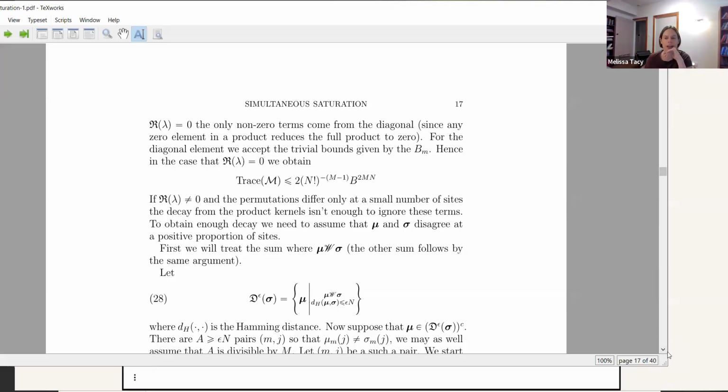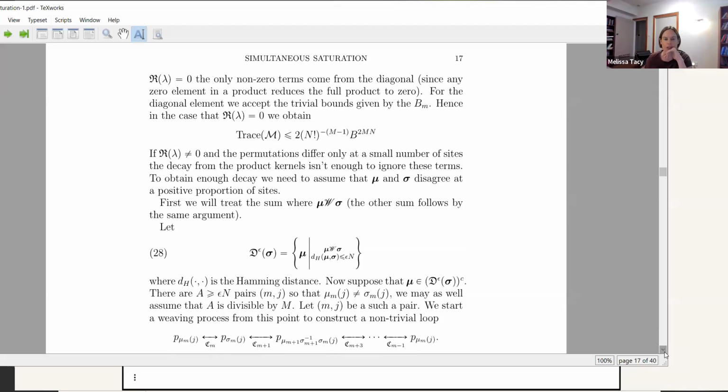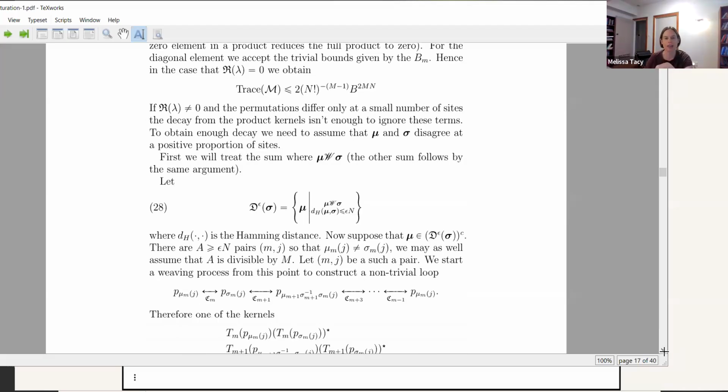So what's going on here is I am just defining a sort of an expanded bit of the diagonal where I do have the case where I'm allowing them to differ a little bit, but only at a small number of sites. And then I have everything else, which is off the diagonal, which they can differ at a large number of sites.